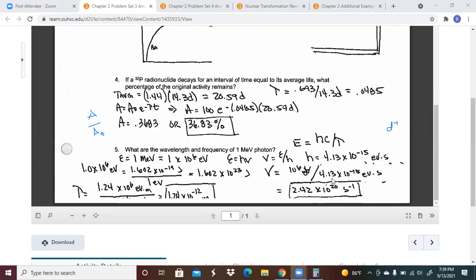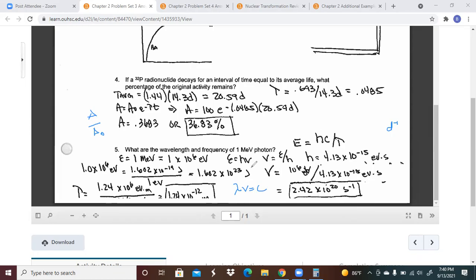Now, how do we determine what the wavelength is? The relationship that you need to remember in order to do that, when it comes to photons, is that the wavelength times the frequency should equal the speed of light.